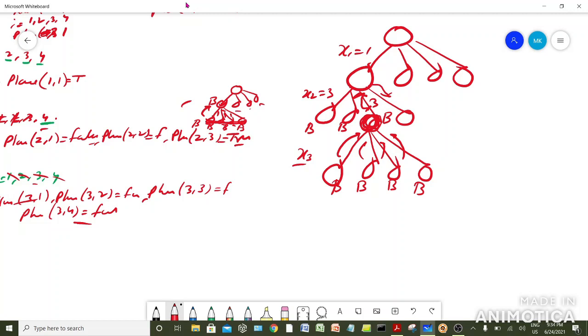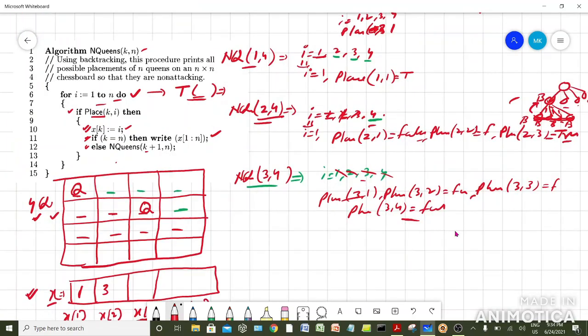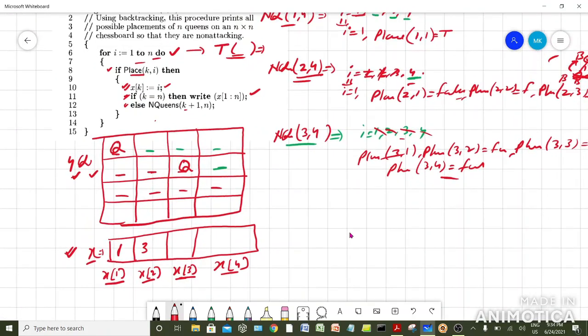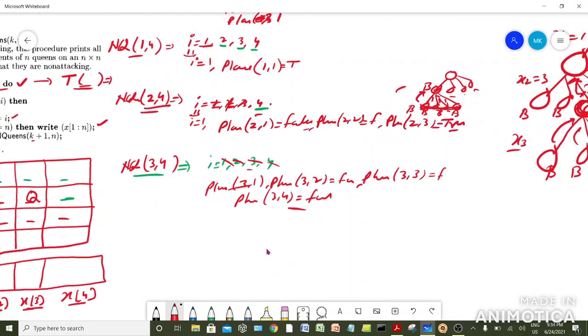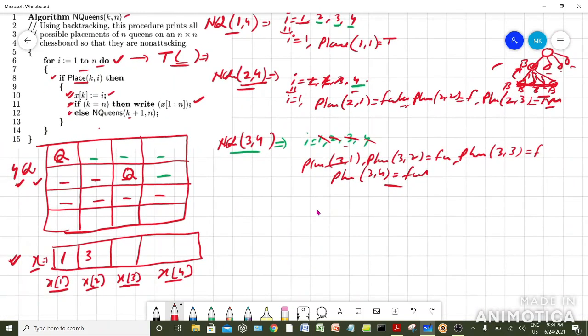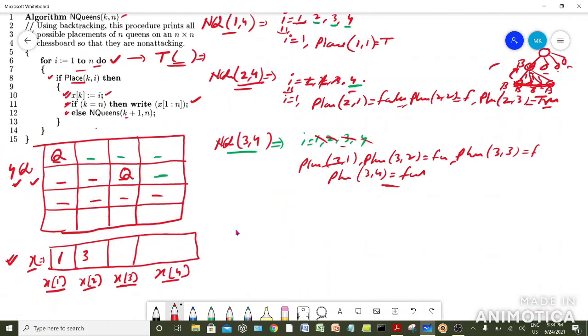Fine, is it okay? Now again move to the same code. So all these four options were nullified, means we are not able to place a queen here. It means we are not yet able to get the value of x3, we just cannot fill it. Done. So if these four options are exhausted, then we need to go to the stack.